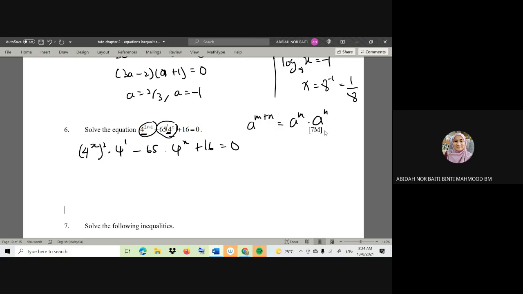Boleh? Apply rules of indices terus. Tak payah tukar kepada base yang simplest base lah, tak payah. Sebab kita ikut yang ni, 4^x ni. Okay, and then let 4^x equal to a. So 16a squared minus 65a plus 16. Okay, so this is quadratic equation. So kamu boleh factorize lah.